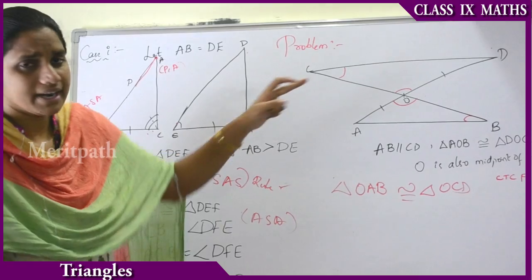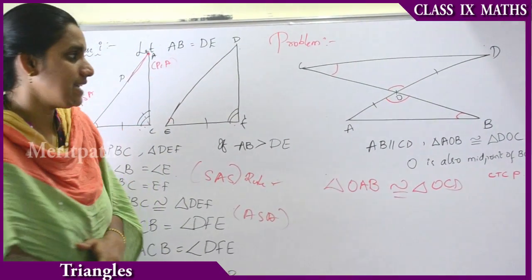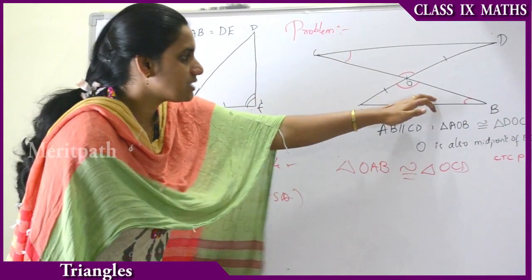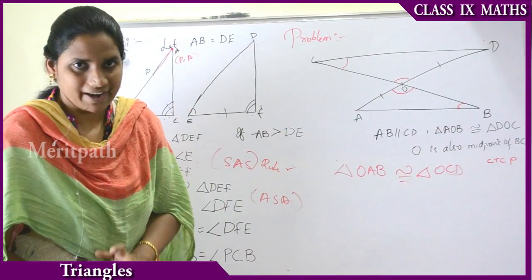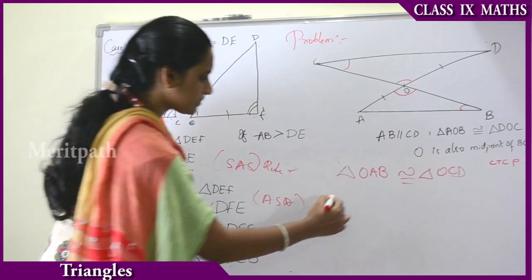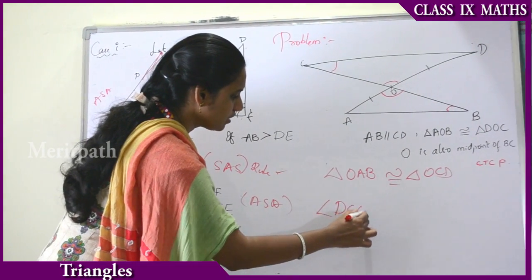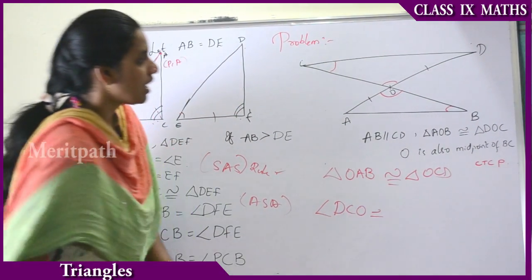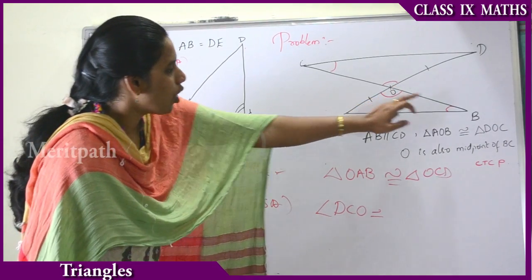And we know the properties of triangles, that is, the alternate angles will be equal, and therefore angle DCO will be equal to angle OBA.